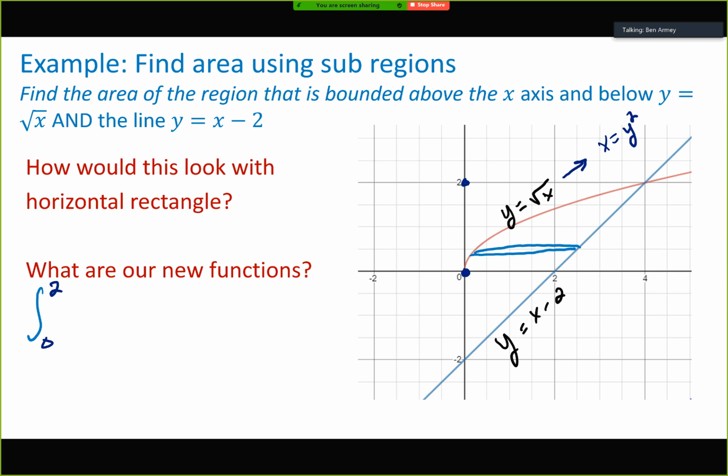Because if we squared both sides here, we would have it being x equals. And then on this one, I'm going to have y plus 2 equals x. This is important. We have to get both lines in terms of x equals.